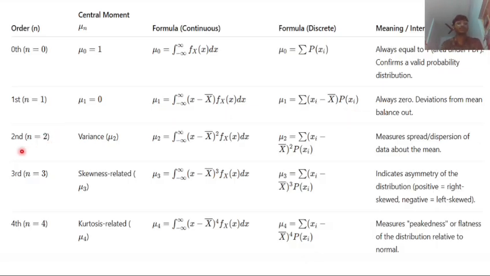If n equal to 2, the second central moment is the variance mu 2, which measures the spread or dispersion of the data about the mean. If n equal to 3, it gives the skewness, which indicates asymmetry of the distribution. If n equal to 4, it gives the kurtosis.